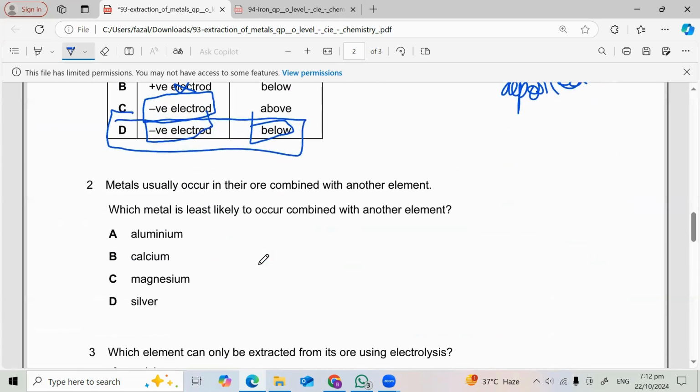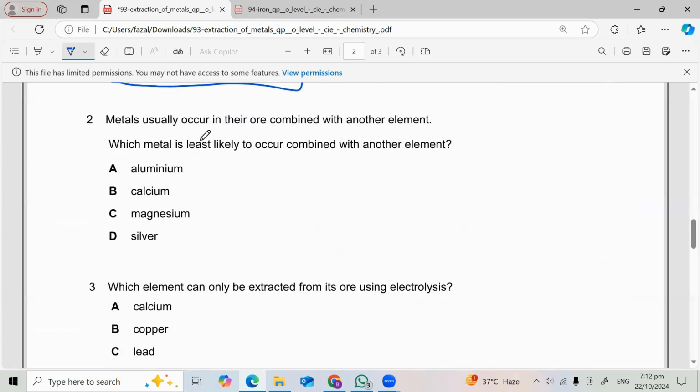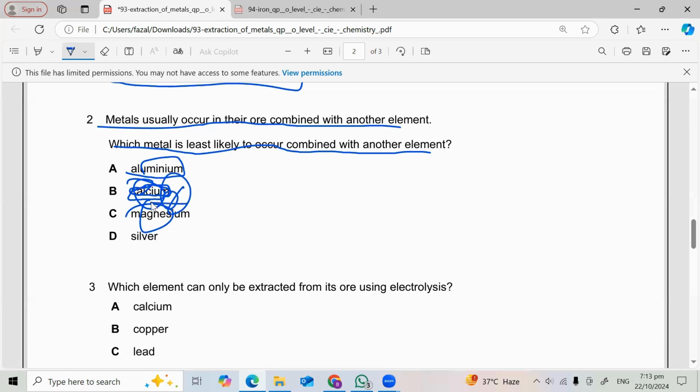Now let's move on to the second part. Metals usually occur in their ore combined with another element. Which metal is least likely to occur combined with another element? So the answer can't be aluminium, okay, because we see it's called bauxite, aluminium ore. Then it's calcium, then it's magnesium, and they are not the least occurring because we can find them.